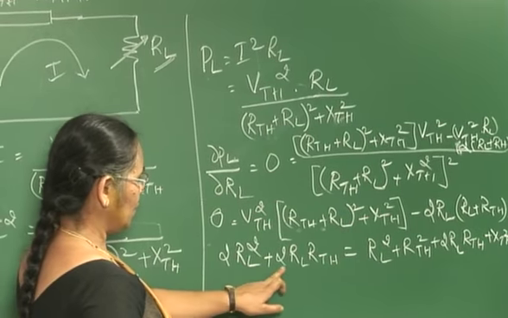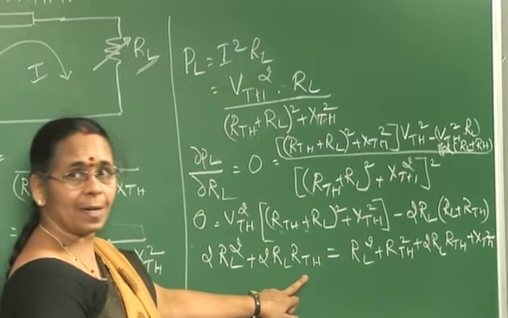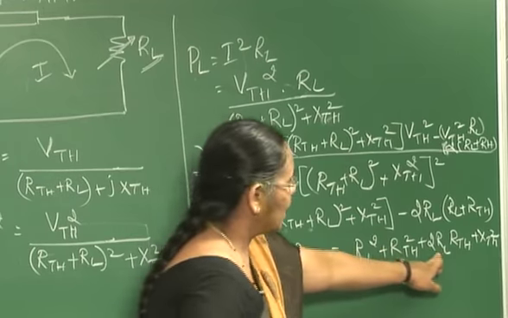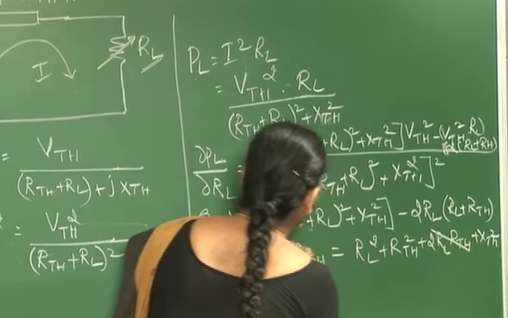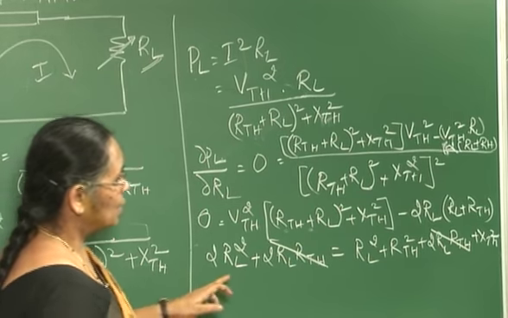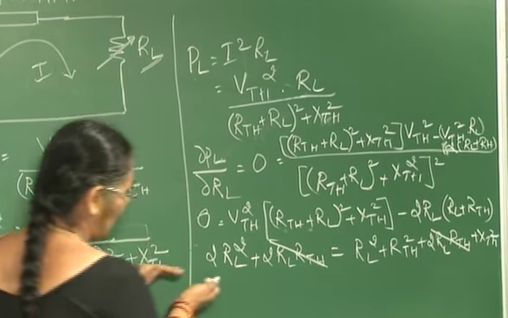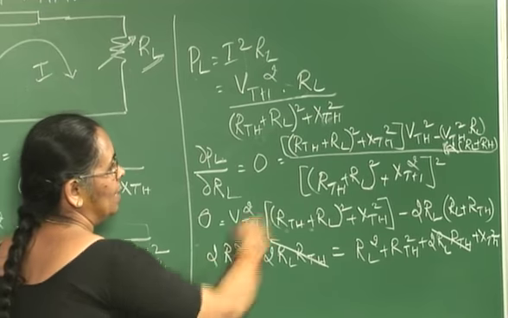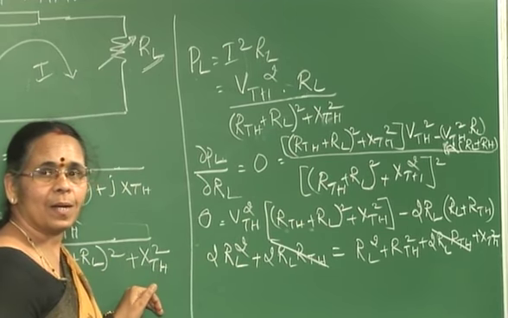Now you can observe that 2 RL R Thevenin on the left hand side gets cancelled with 2 RL R Thevenin on the right hand side. Then I have RL square on one side and R Thevenin square and X Thevenin square on the other side.